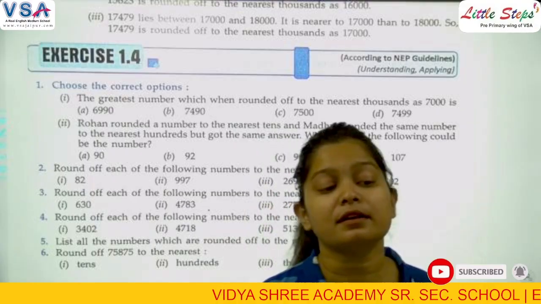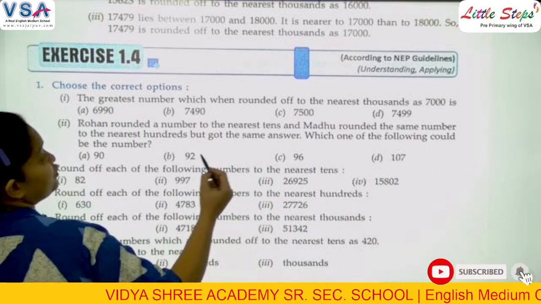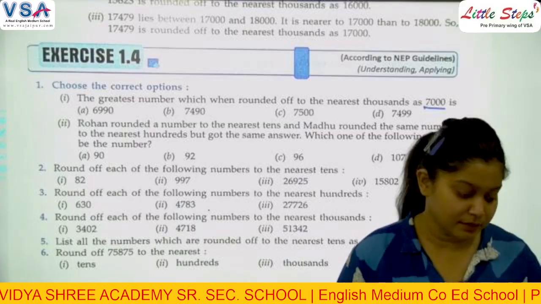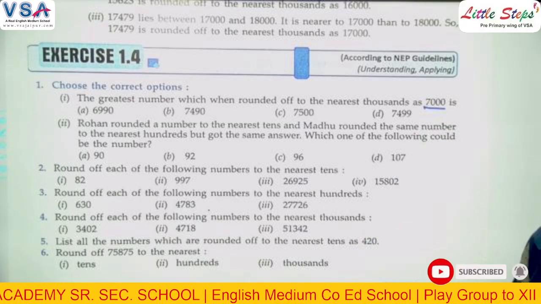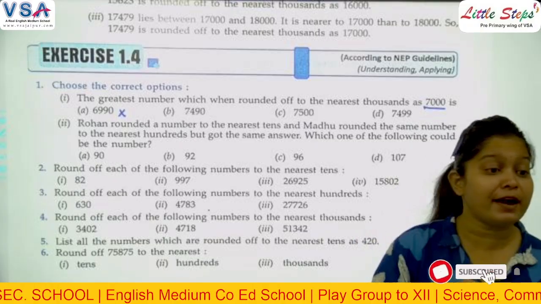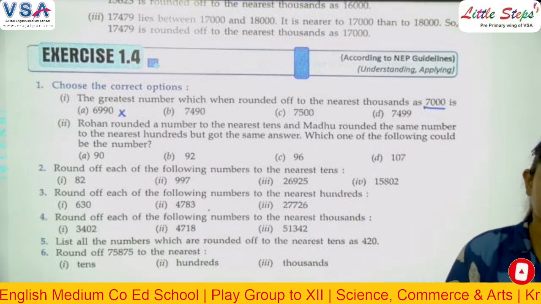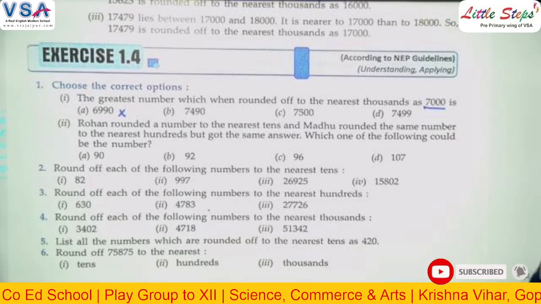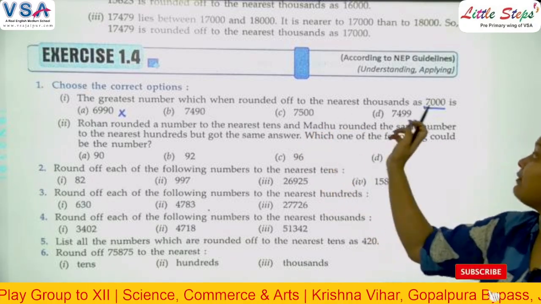Tell me the answer. Which option is the correct one? Which number is nearest to 7,000? We have to find the number nearest to 7,000. Of course, this is not possible because we are finding the greatest number. Greatest is the biggest number. Among A, B, C, D, which one? If this is the answer, then the answer is 7,000.